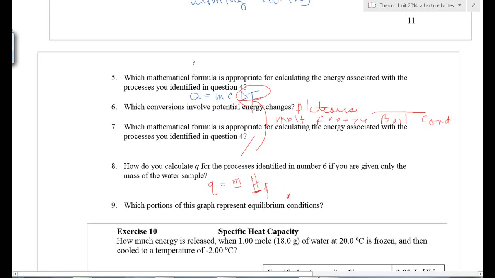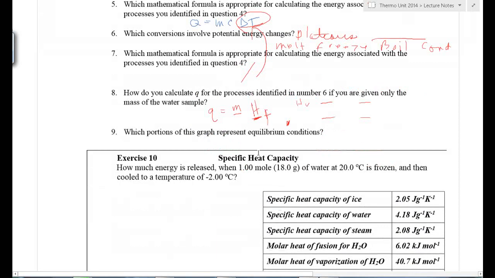And in the case of phase changes, we're either looking at the heat of fusion, which happens at melting or freezing, or heat of vaporization, which happens at boiling or condensing. So you've got to watch for what value you're given here to know whether or not you should use mass or moles.